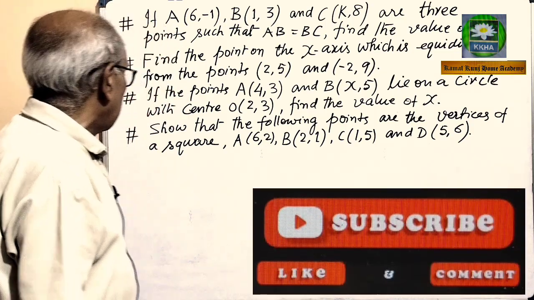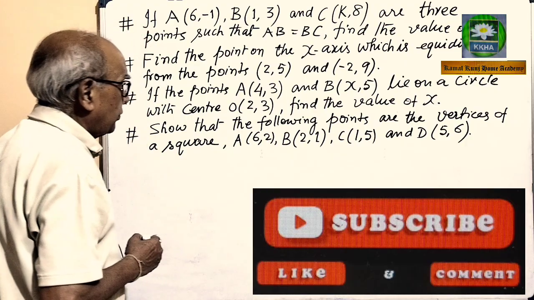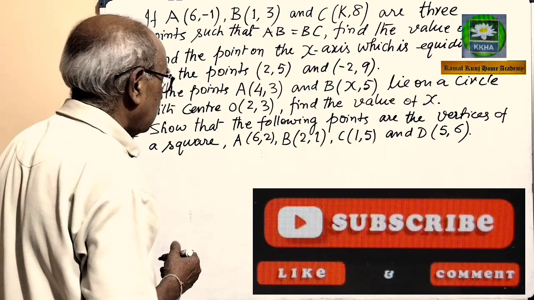So let us start first with the last question. Show that the following points are the vertices of a square.